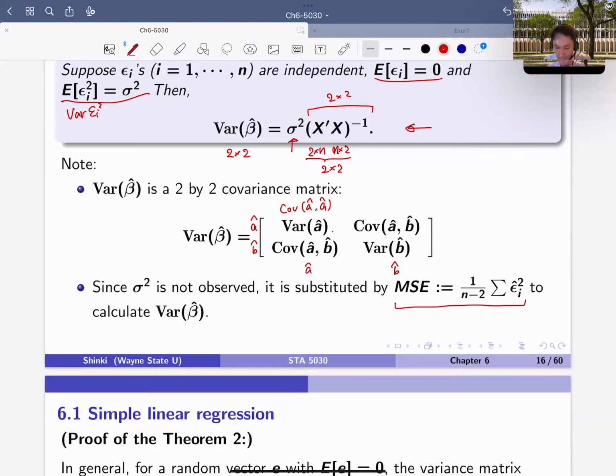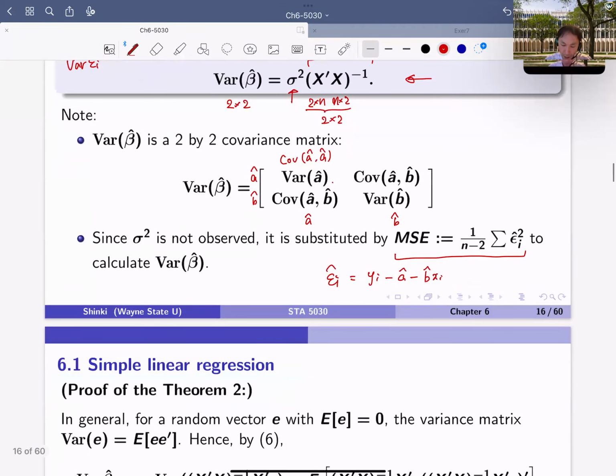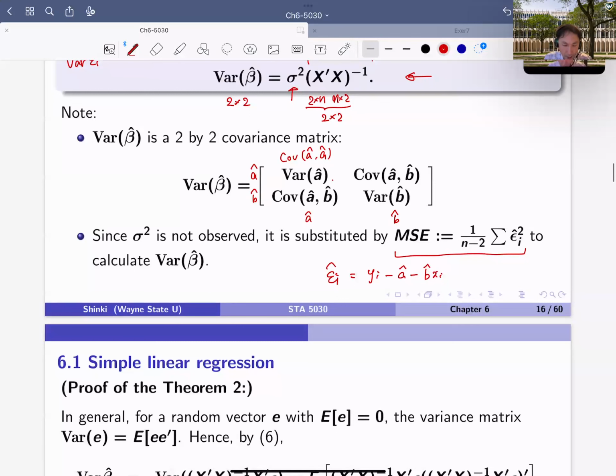But here, the epsilon i hat is calculated by yi minus a hat minus b hat times xi. And here, a hat and b hat are both unknown quantities that are estimated, so basically we lose 2 pieces of information. That is reflected here.